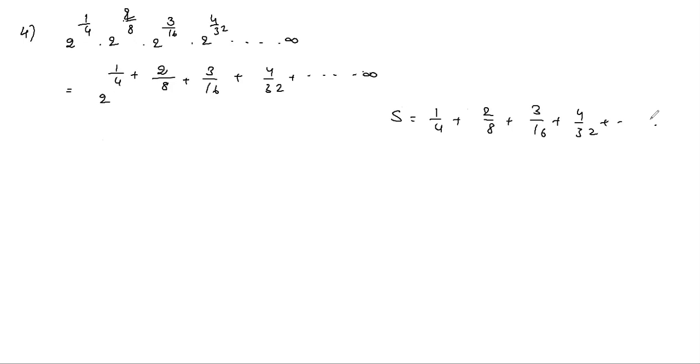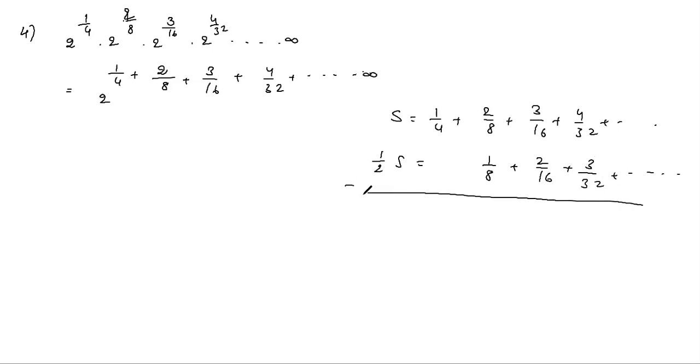We have to multiply with the common ratio 1 by 2. 1 by 4 into 1 by 2 is 1 by 8, 2 by 16, 3 by 32 plus and so on. So by subtracting S by 2 from S, 1 by 4, the remaining terms 1 by 8, 1 by 16, 1 by 32 plus and so on.